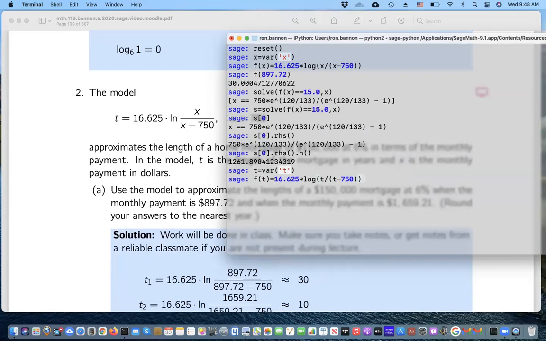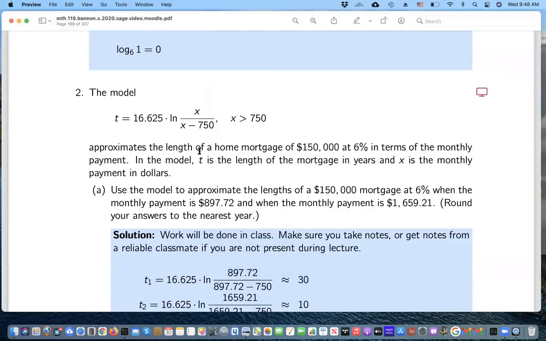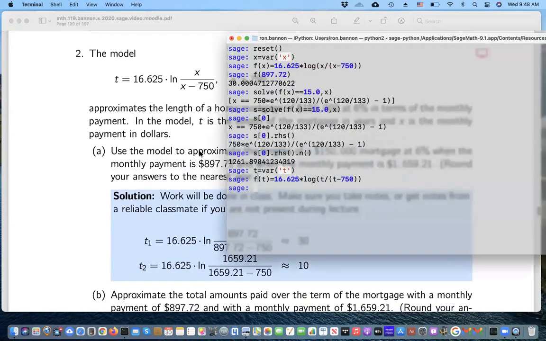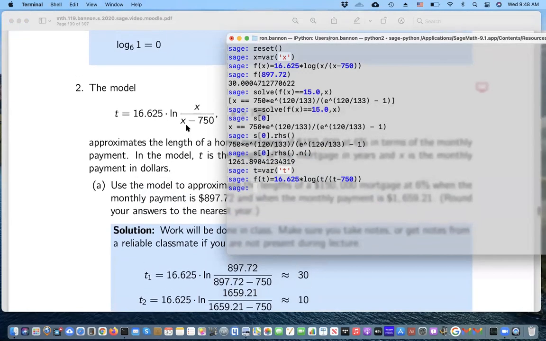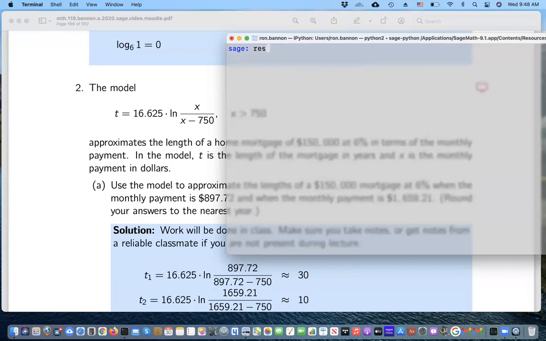Okay, hit the return, see what happens. Who knows, maybe I got an error. That looks pretty good. And let me see if I can do these functions over here now. I'm going to do f of t. I'm sorry, I didn't mean to do that. It is f of x. I'm so sorry. Let me just erase that. All right, so let me go back. I'll start at the beginning. Reset.